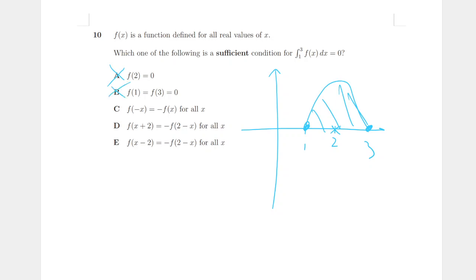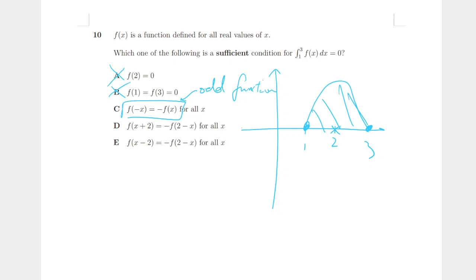Good. Okay, C: f(-x) equals -f(x) for all x. Essentially, I could just take the same function. Basically what C is saying is that this is an odd function, which is exactly the definition of an odd function. Odd function means that there's rotational symmetry about the origin.